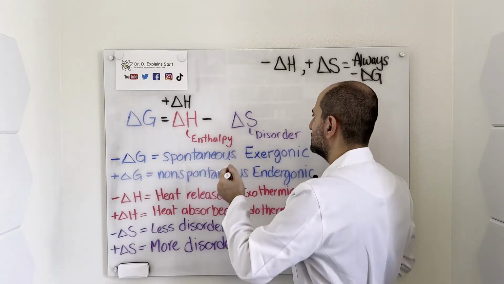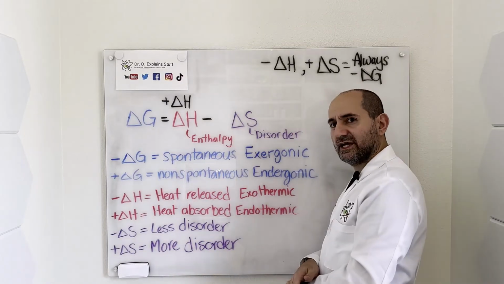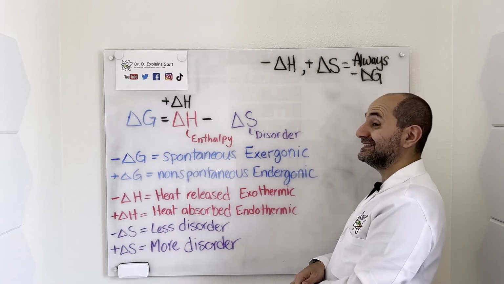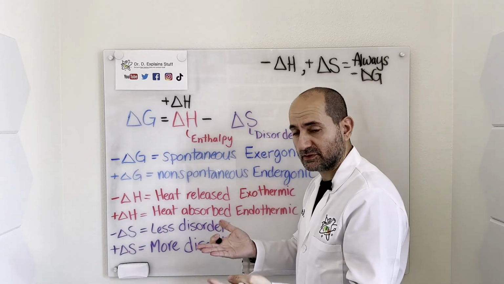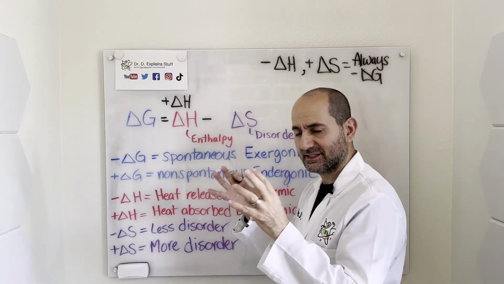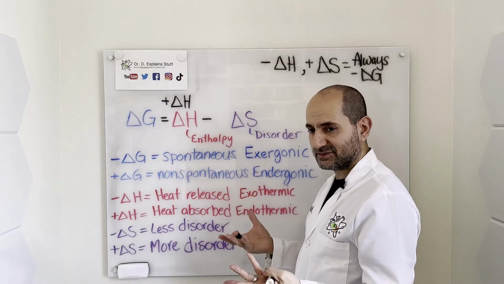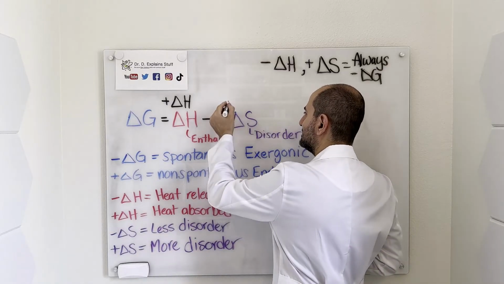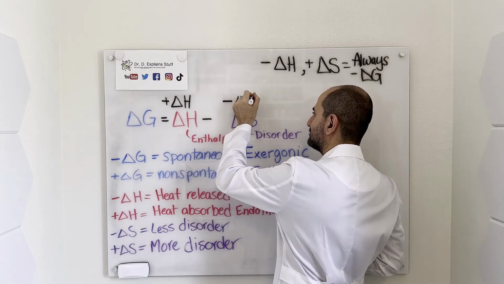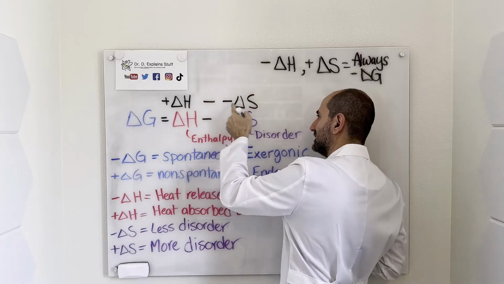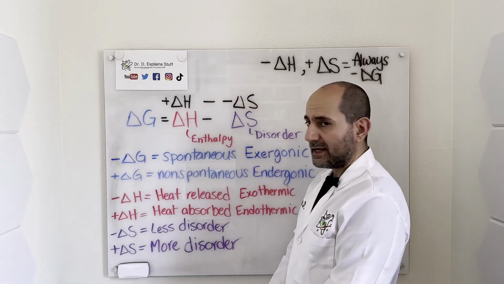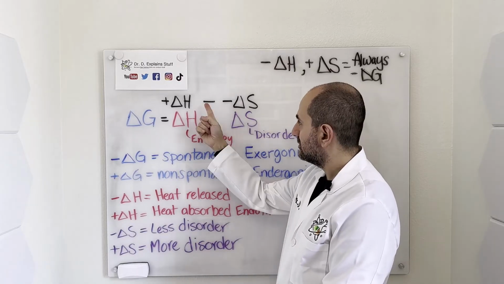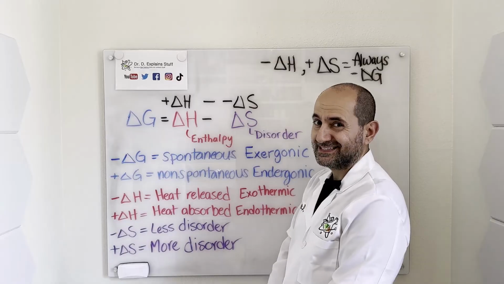That's weird. So that tells me what? What's my delta S? Yeah, that's right. My delta S has to be negative, because I have less disorder. It's going from a liquid to a solid, or a liquid to a crystal. That's less disorder, not more disorder. So what that means is my delta S is minus, so I'm subtracting a minus delta S. What happens in math when you subtract a negative number? That's right.